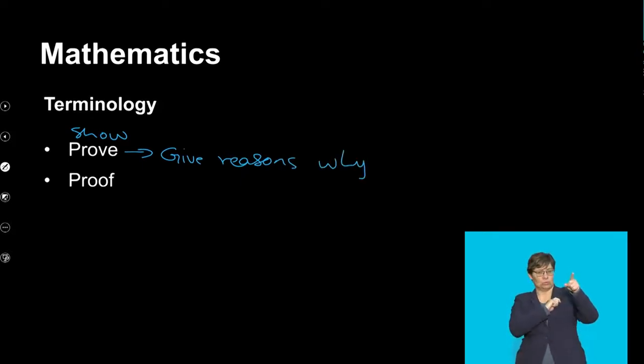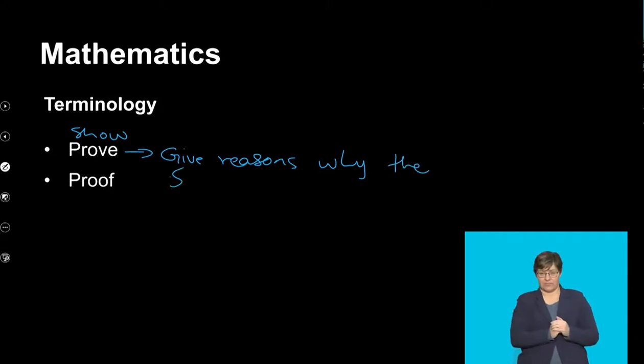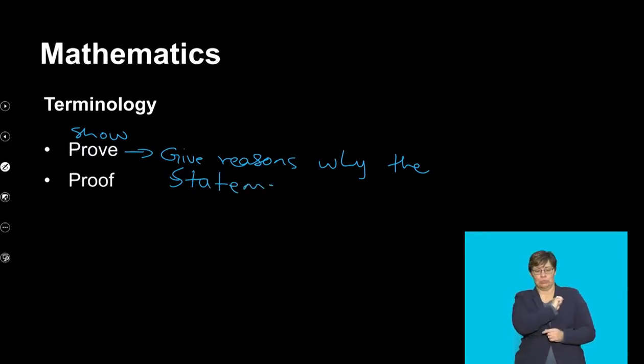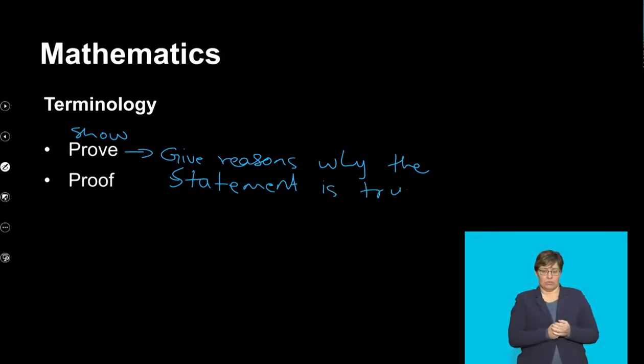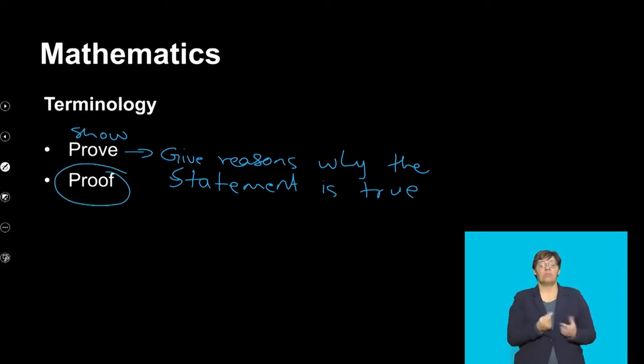It's not that I am saying you need to prove something and then the result might not be what I'm trying to say. This giving of reasons that I'm saying you need to do is therefore what we call the proof.